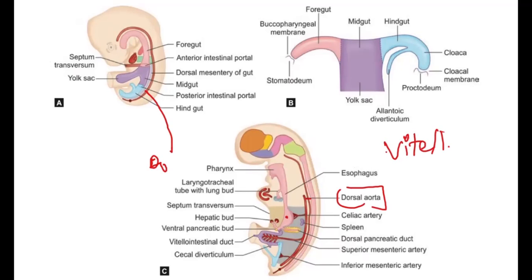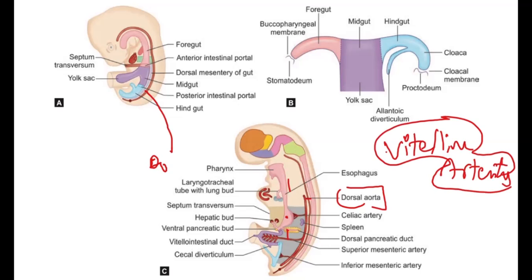Okay, vitelline arteries. After the differentiation of foregut and midgut and hindgut, these vitelline arteries obliterate, okay, and the abdominal aorta gives rise to the celiac artery, superior mesenteric artery, and inferior mesenteric artery, right?